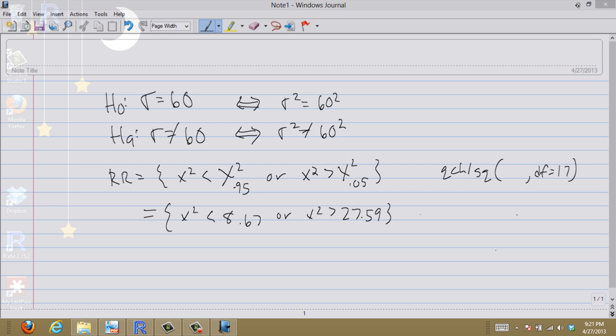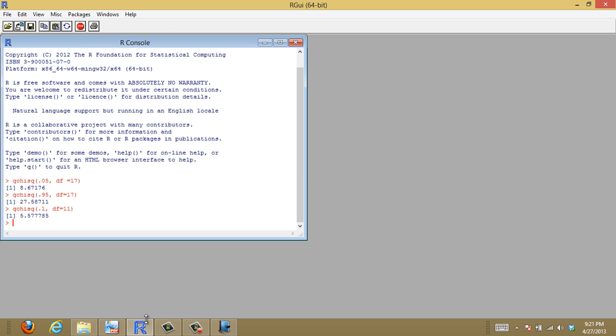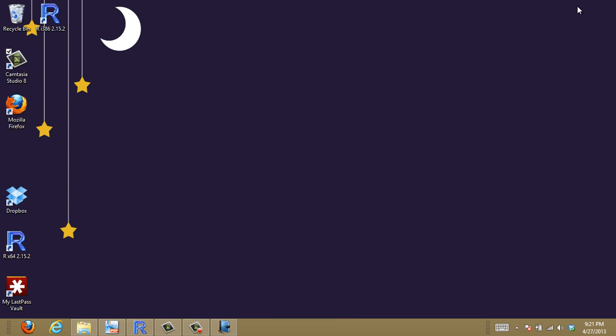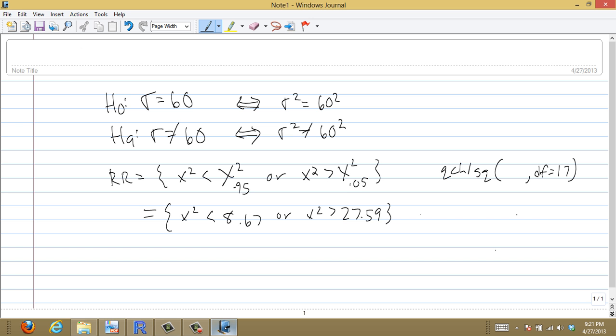Just so you can see those values in R, I've calculated them right here. The alpha over 2 quantile, which is the 0.05 quantile in this case, is equal to 8.67, and the 1 minus alpha over 2 quantile, which is the 0.95 quantile, is 27.59. So we have those two different quantiles that make up our rejection region.